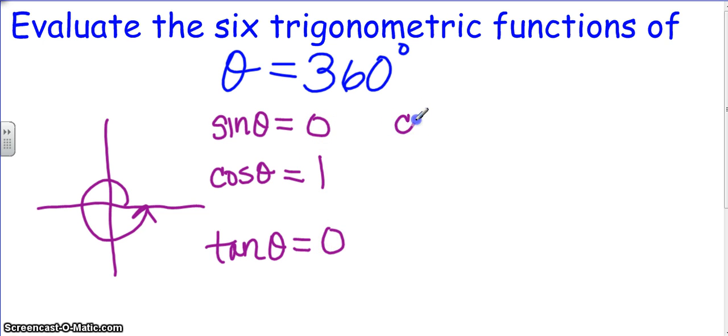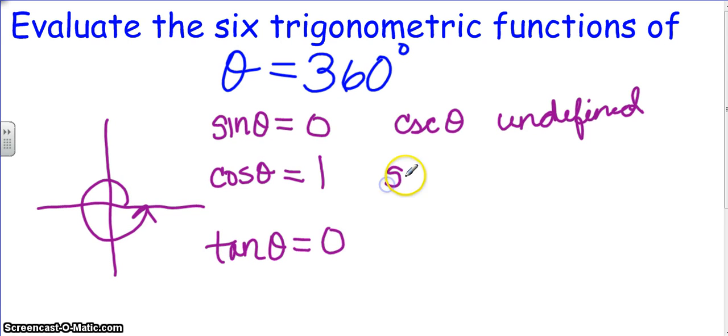Then my other functions. I have my cosecant of theta, which is the reciprocal of sine, and this is 0 over something. If I do a reciprocal, I'll be dividing by 0. So I can't find a value for cosecant, so this is undefined. You say the cosecant of theta at 360 degrees is undefined. That's the word that you use, undefined.